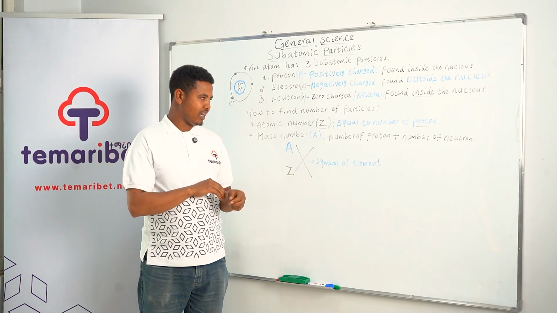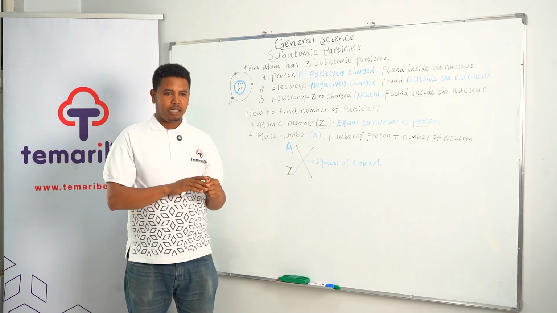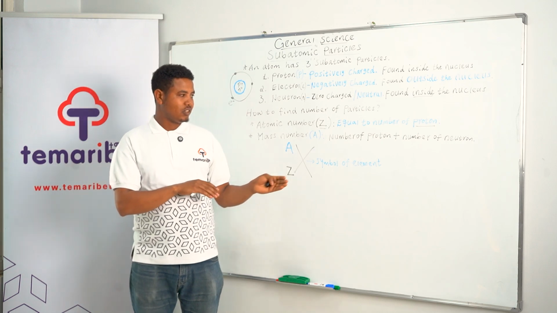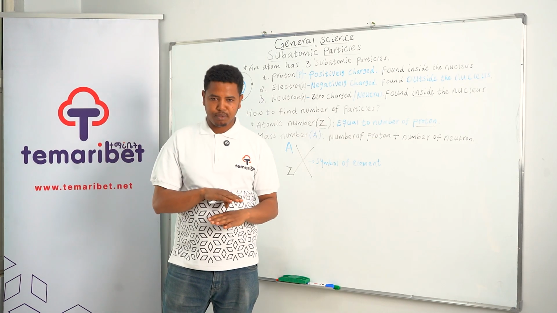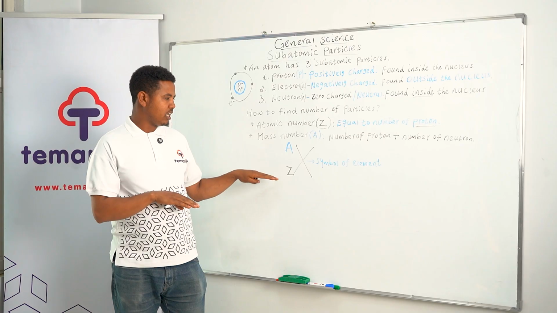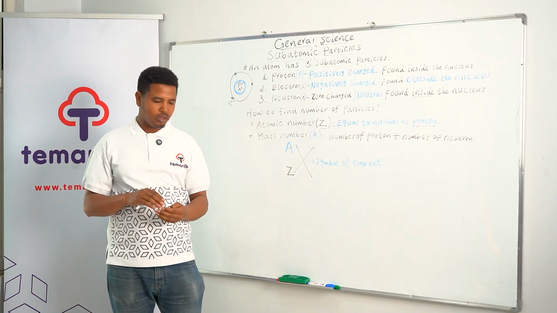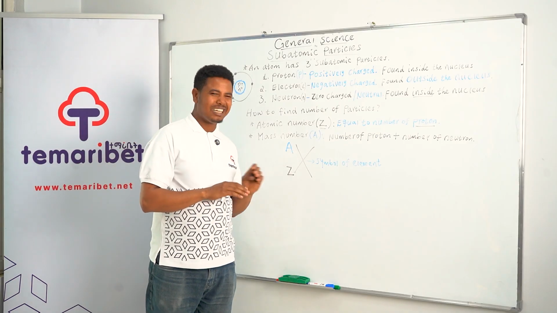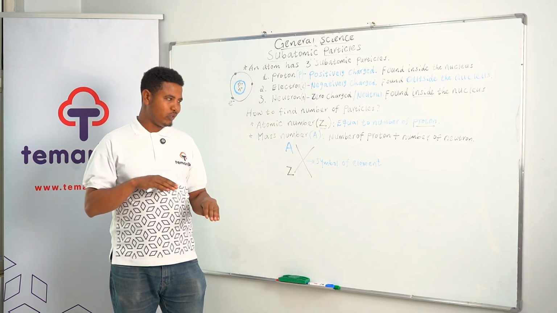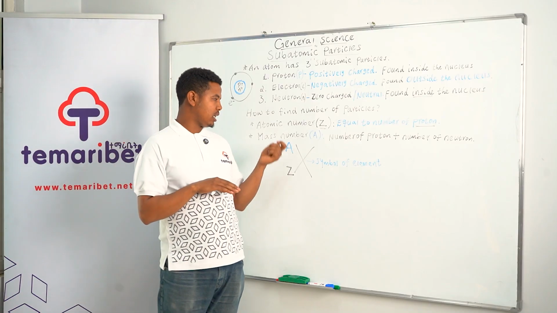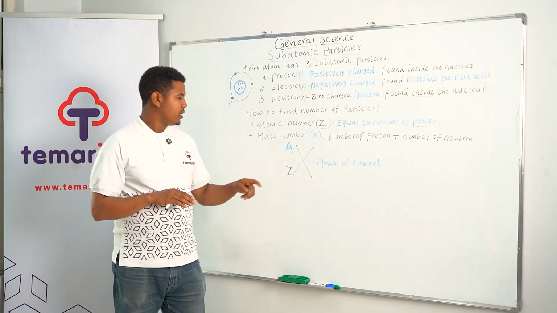So we look at examples. Atomic number is always equivalent to the number of protons. So if you look at the atomic number in a symbol, that shows you the number of protons. No need to calculate, just take the atomic number.